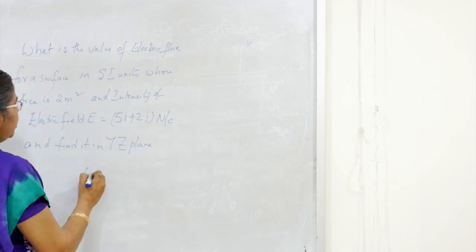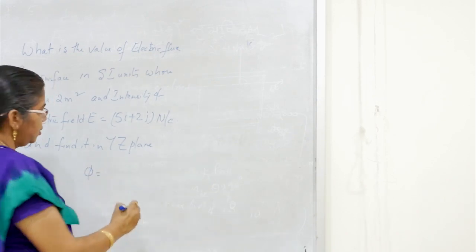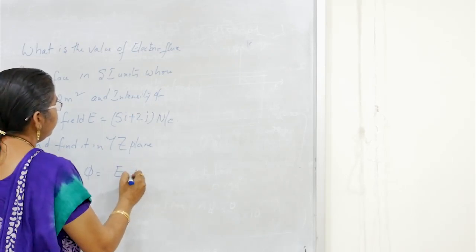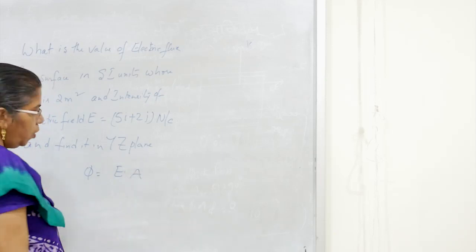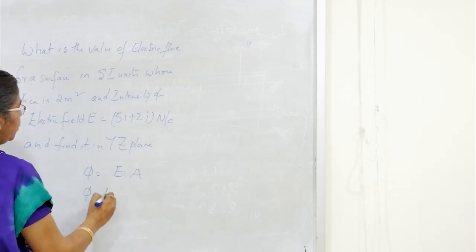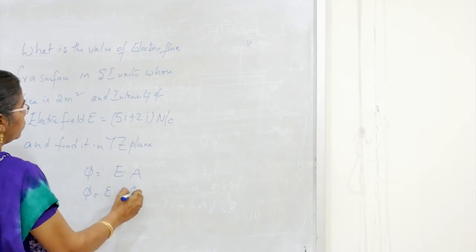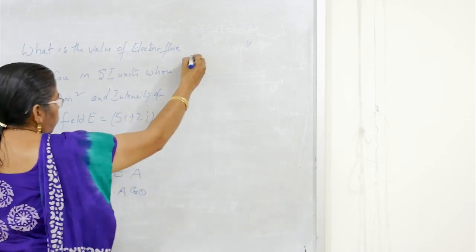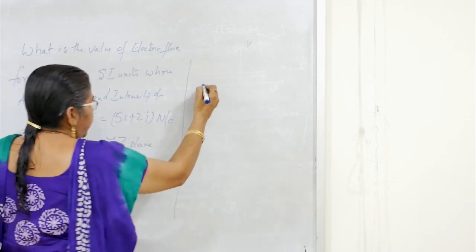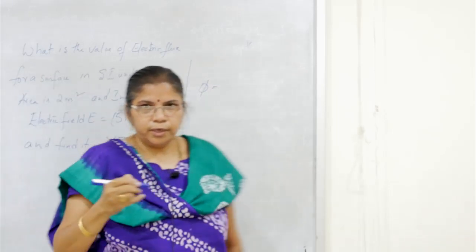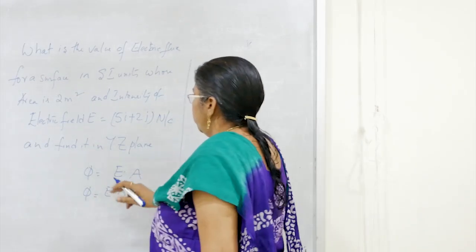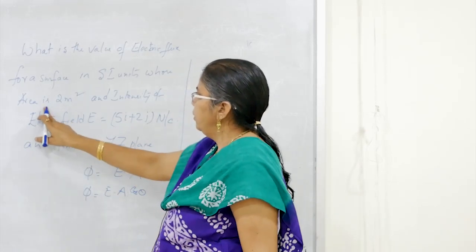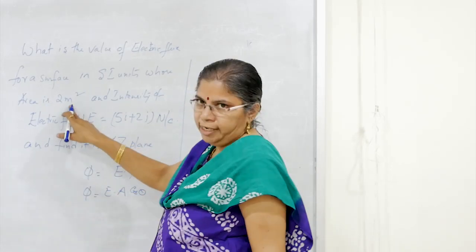Therefore, the formula is phi is equal to E dot A, or phi is equal to E A cos theta. This is the dot product. So he is asking you to find it in YZ plane. So you have to write the vector A in terms of YZ plane.